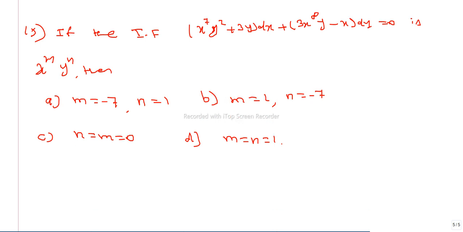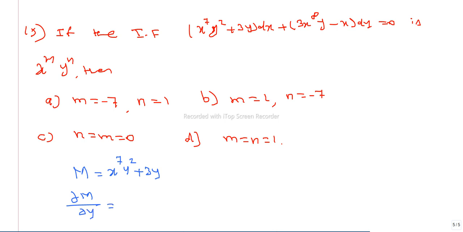Now what is the integrating factor? Anyway, this is not an exact equation. Here M is x power 7 into y square plus 3 times y. And what is dou M by dou y?